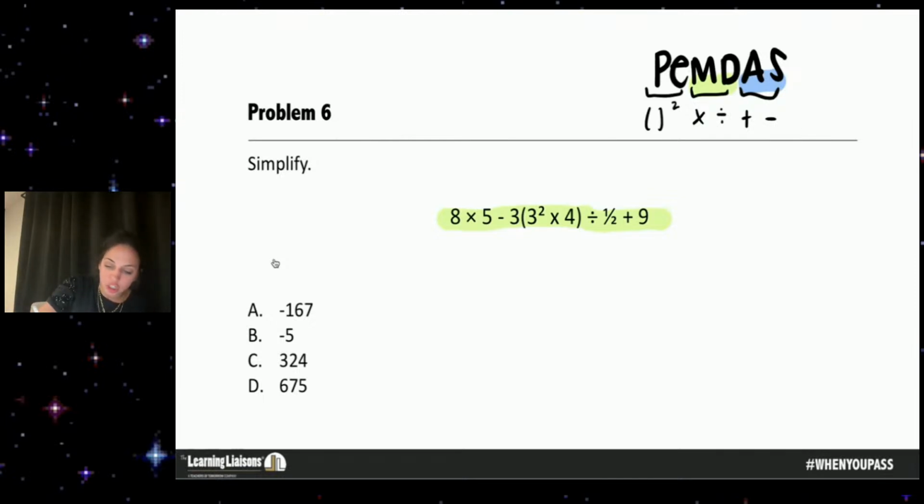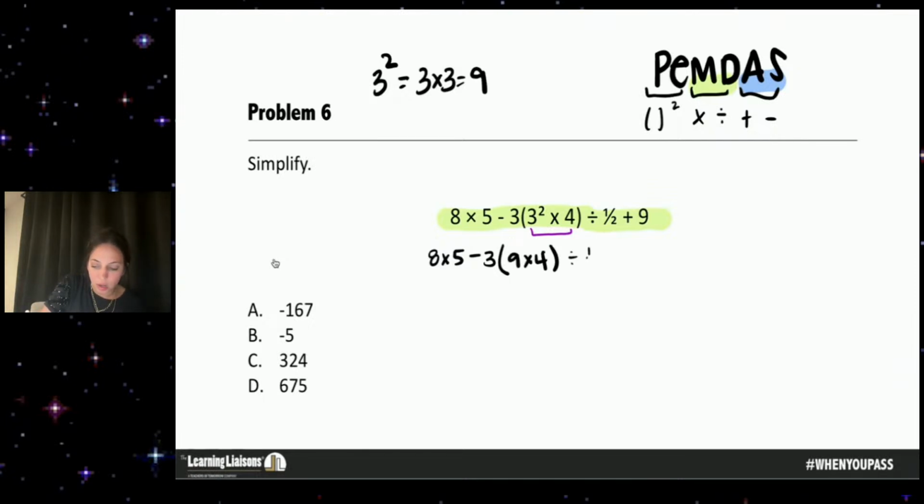So I am going to look at this section right here first, parentheses and exponents. I'm going to keep everything else the same. So I have 8 times 5 minus 3 times 3 squared, which is 3 times 3, which is 9, times 4 divided by 1/2 plus 9.